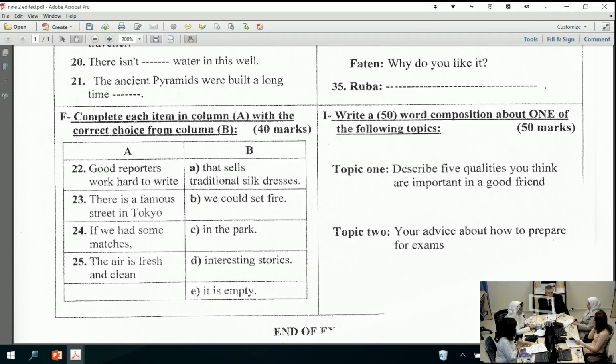Sorry to interrupt, but for example, he might write B and write the sentence that is in C. So he should be careful. If he writes B, he should write the sentence of B, not C or D. In the exam, in this case, the corrector is going to consider the first, which is the letter.